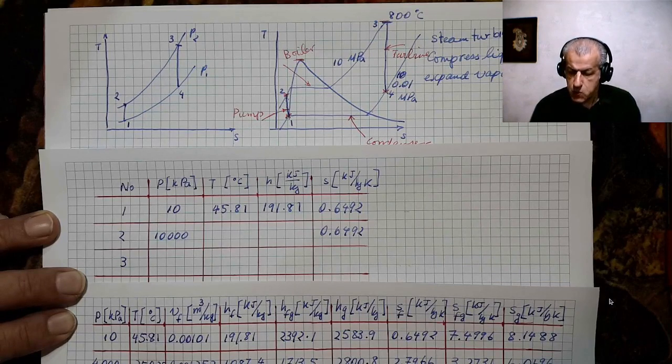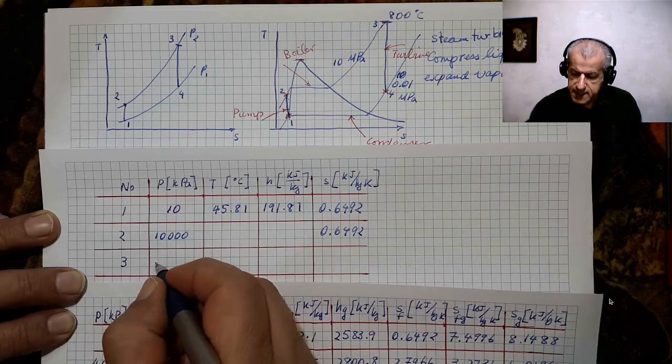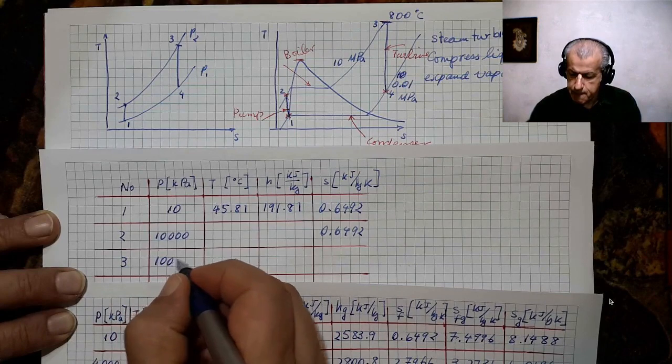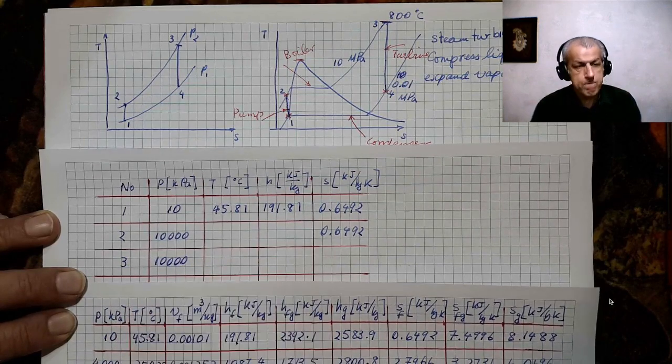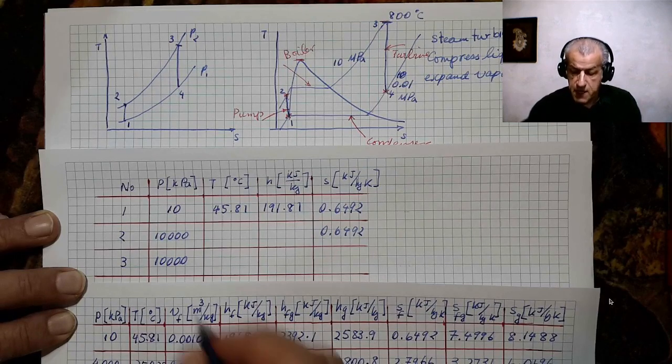These are points 1 and 2. As for point 3, we know its pressure. It is 10,000 kilopascals. We know its temperature.